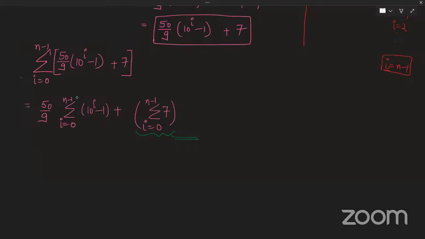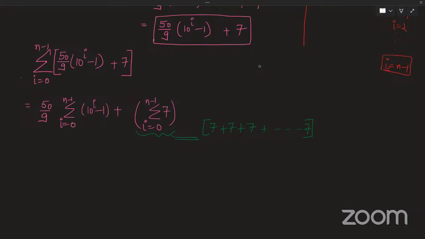See what will happen. It is 7 plus 7 plus 7. How many times will 7 come? 0 times. n minus 1 times, sir. Are you sure it will be n minus 1 times? Just look at it. It starts from 0 and goes till n minus 1.